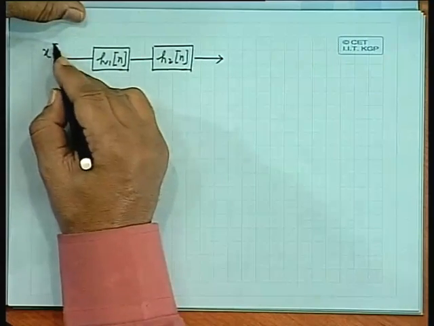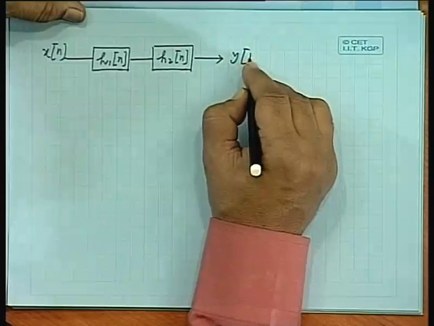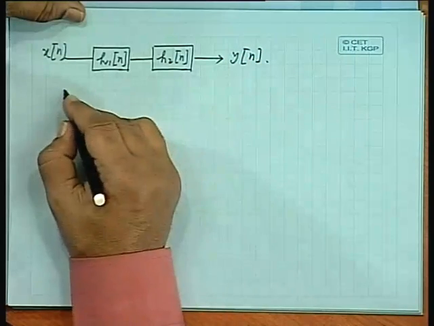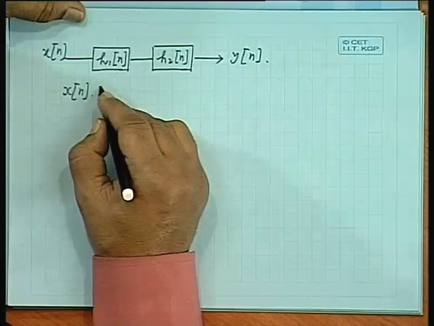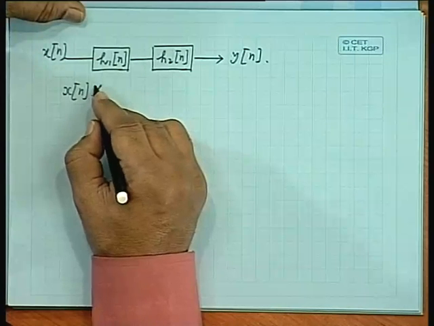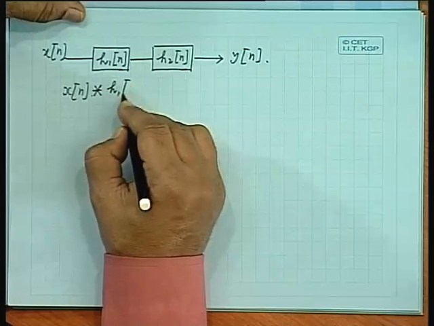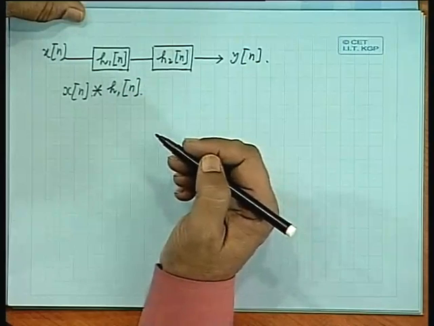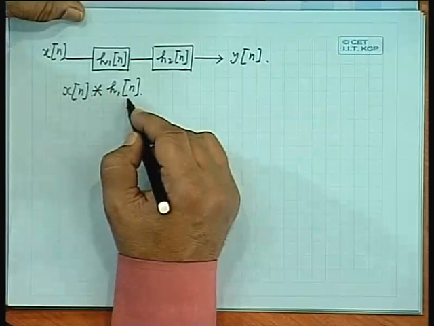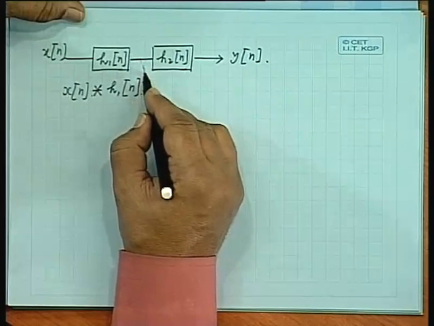This is the input x n, this is the output y n. So, the convolution that we performed earlier is represented in a compact form like this. x n star h1 n is the output from this block.